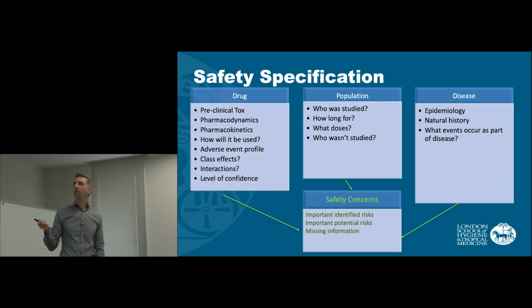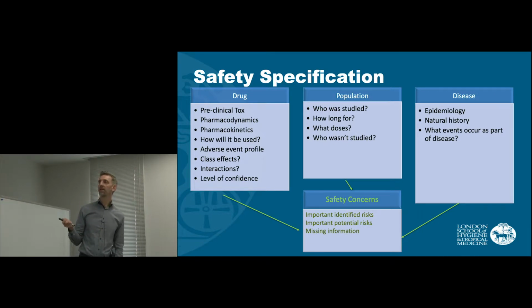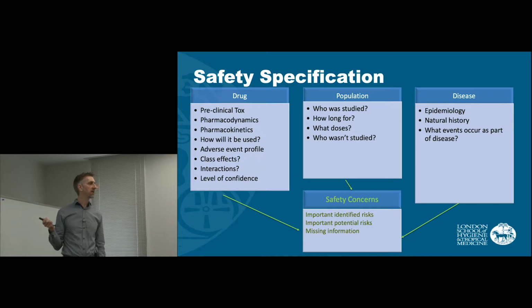It'll tell us about the population that was included in the randomized trials. So it'll give us a detailed breakdown of the sorts of patients who were included, how long they were exposed to the treatment for, what doses were studied, but then really importantly, it'll also tell us who was not studied in the randomized trials.